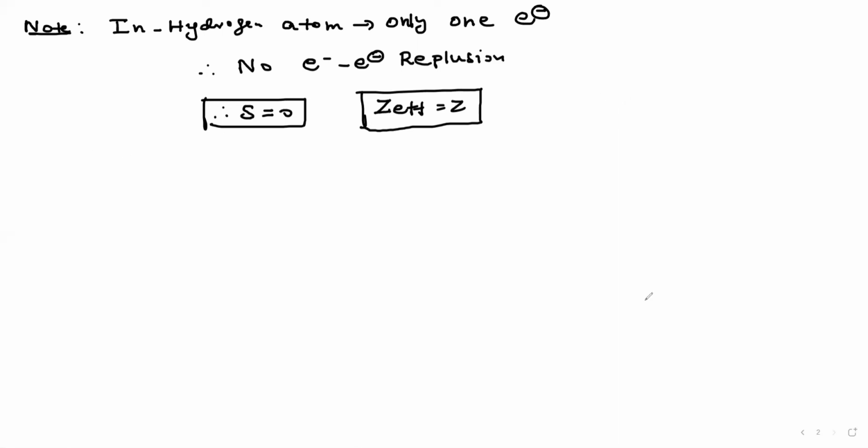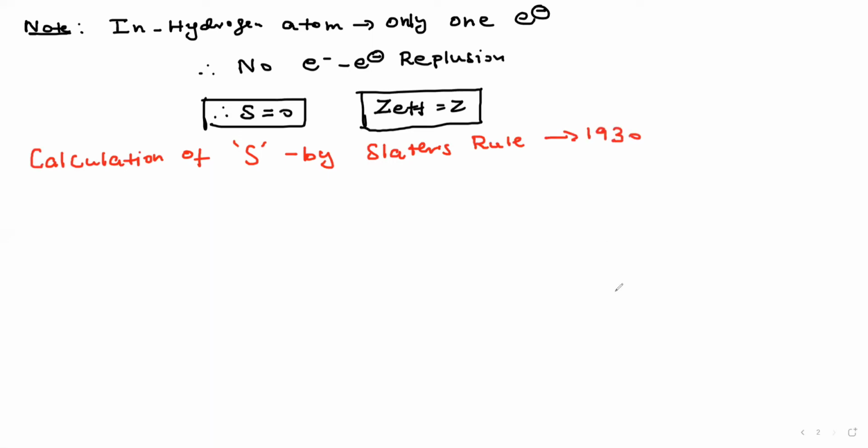Now please note. Calculation of screening effect by Slater rule. Going into problems, okay? The Slater rule, by the scientist Slater in 1930. I'm going to give it step by step. Please note.